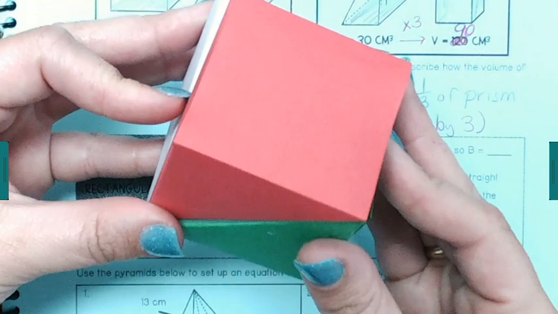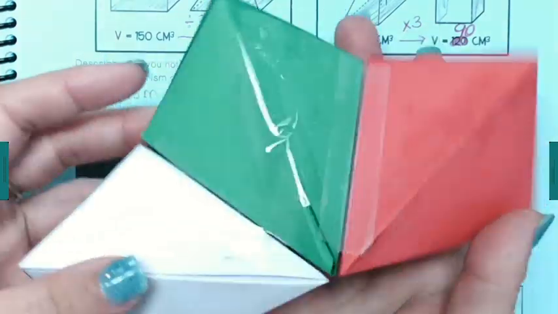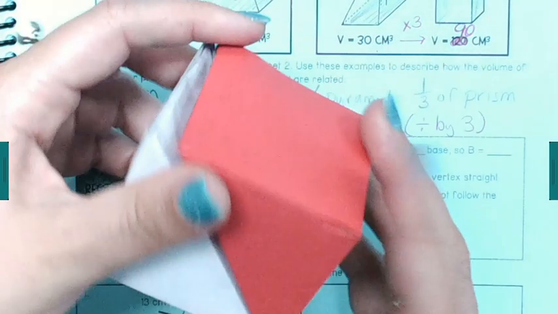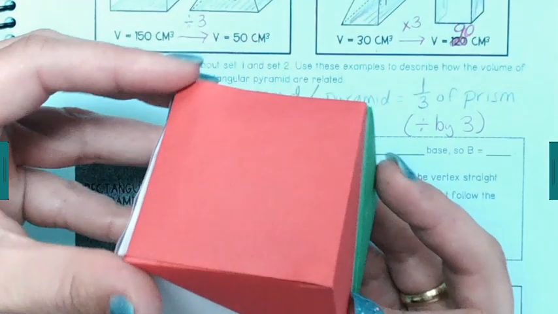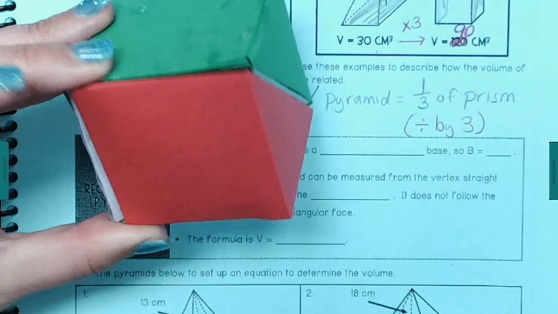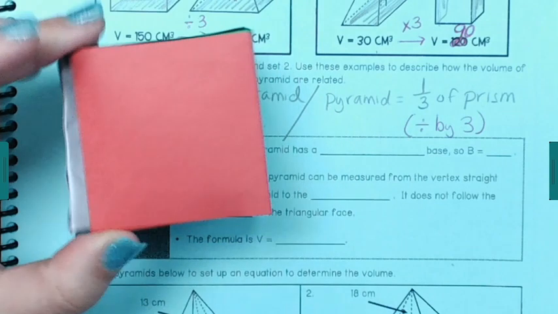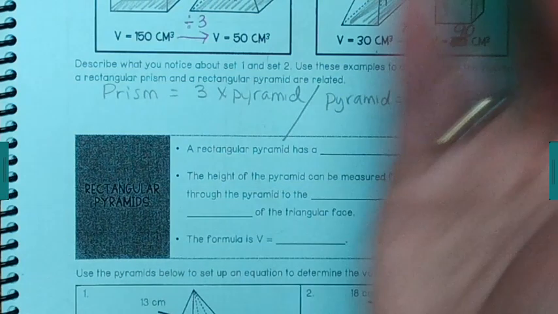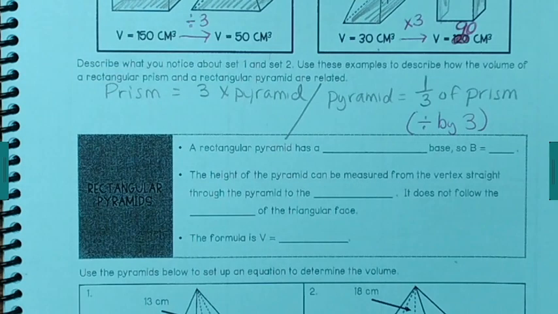So prism divided by 3 gives me pyramid. Pyramid times 3 gives me prism. If this is a regular year, y'all would get to cut this and make it yourself to see for yourself. So I know it's not near as fun, but just trust me, 3 pyramids make a prism. And a prism is 3 pyramids. Okay, super important.